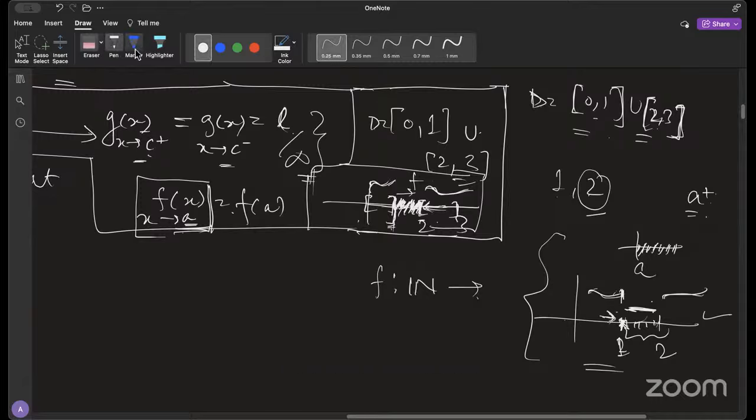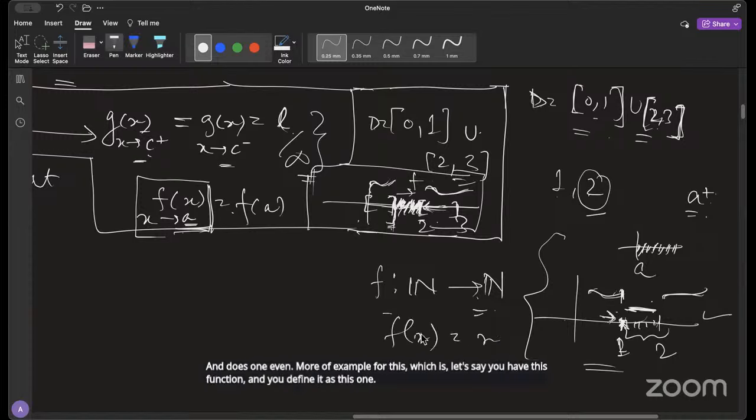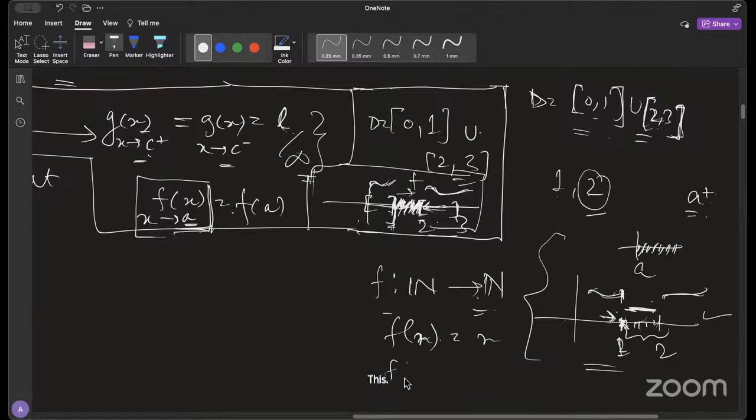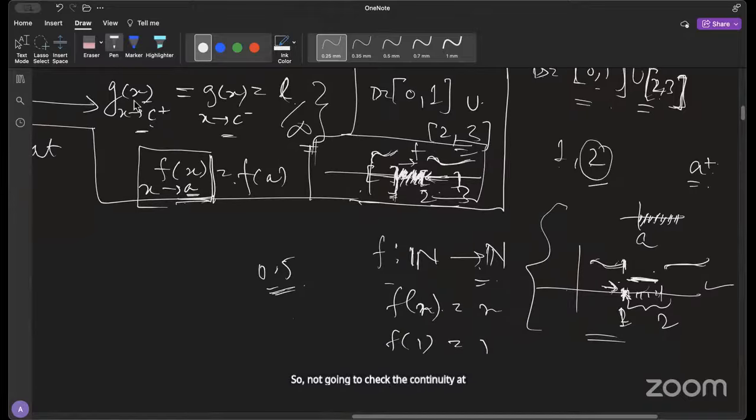There's one even more extreme example for this. Let's say you have this function and you define it as this one: f(1) equals 1, f(2) equals 2. Now if you check the continuity, you can't check it at 0.5, because 0.5 is not a natural number. So we're not going to check the continuity at 0.5.